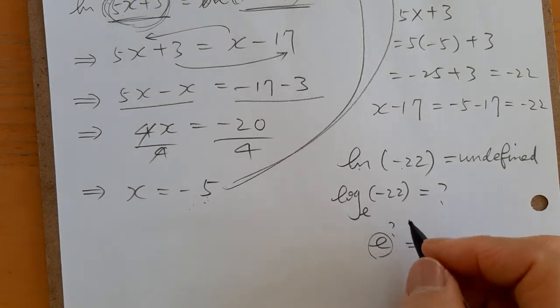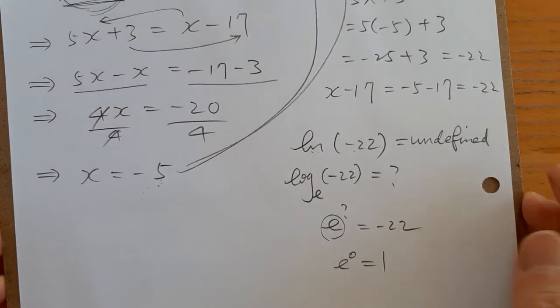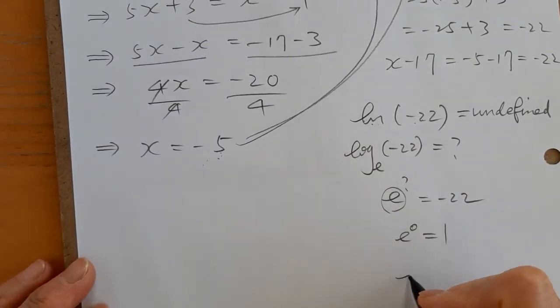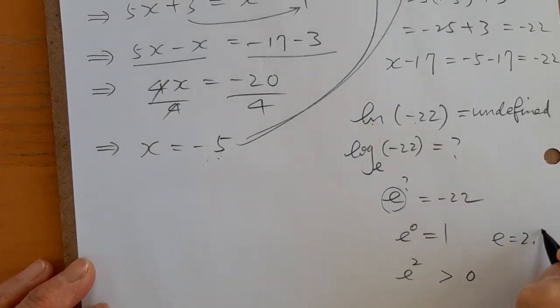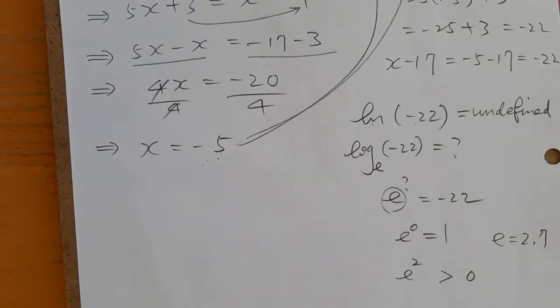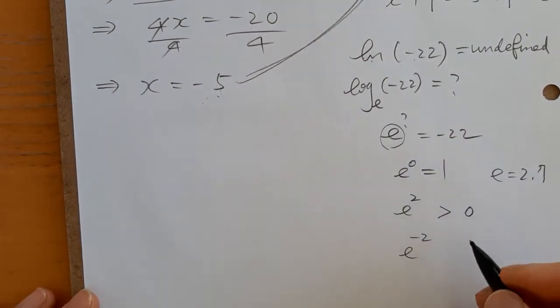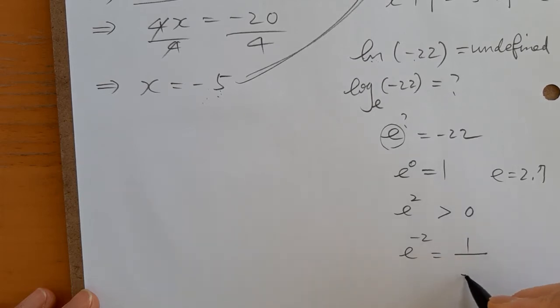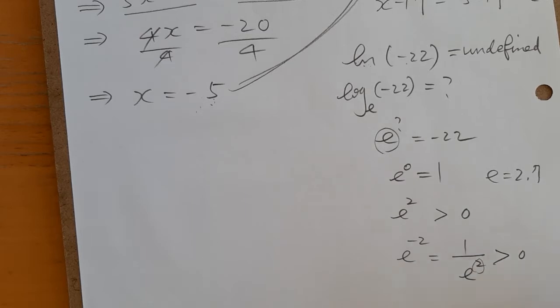To any power, like e to the power 0 is 1, e to the power positive 2 is positive, because e is about 2.7 and squared is still positive. And e to the power negative 2 becomes 1 over e squared, still positive, never negative.